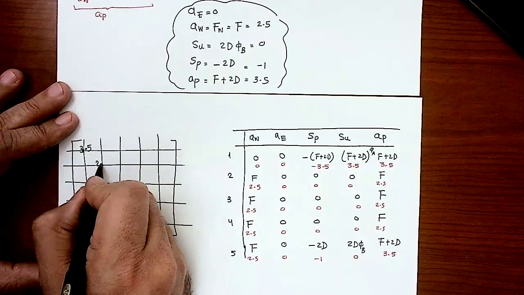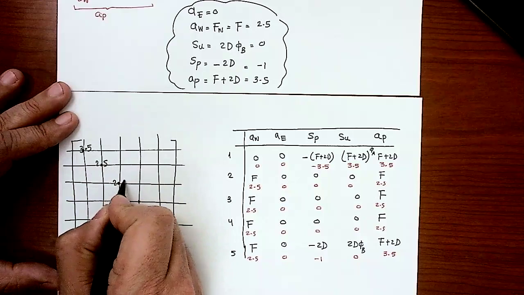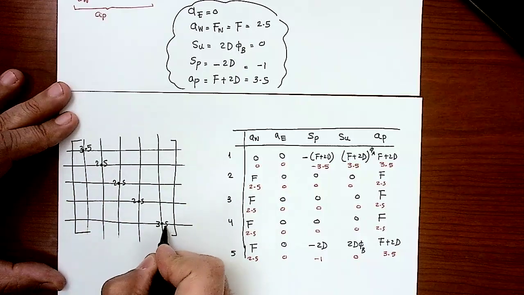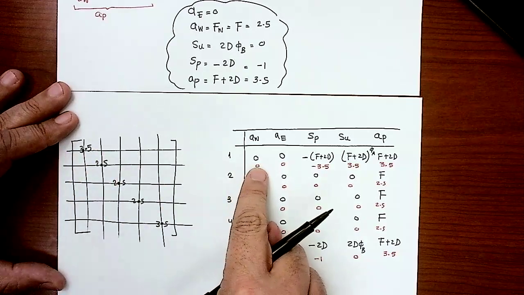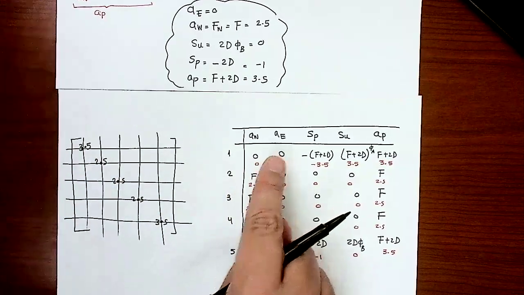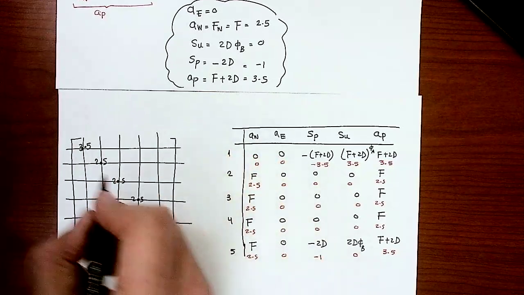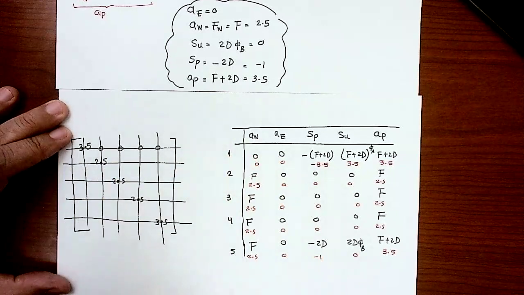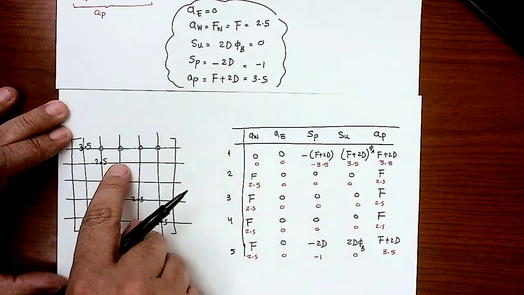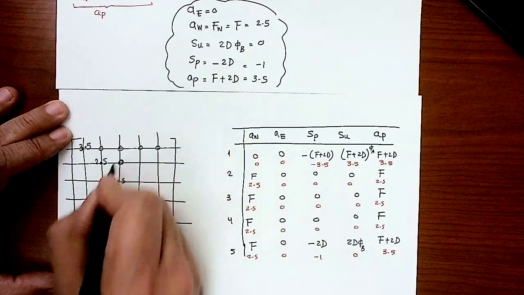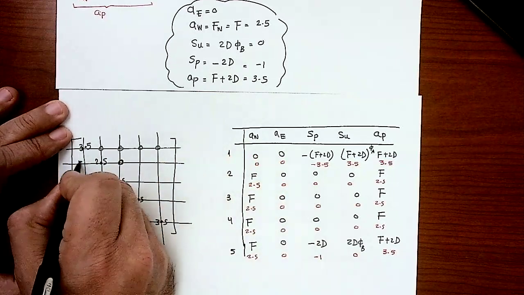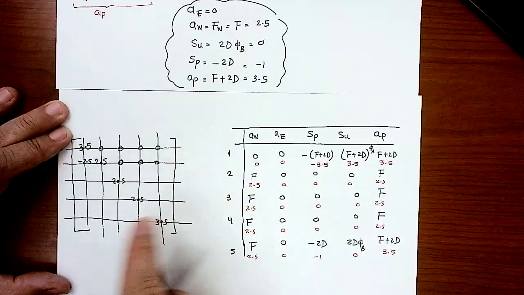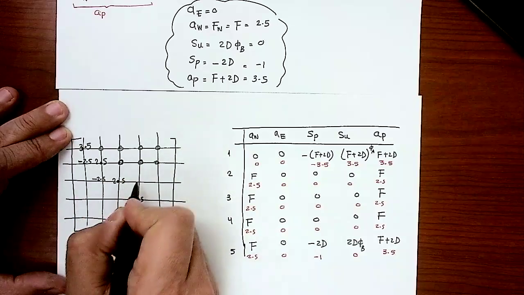I will have 2.5, 2.5, 2.5, and I will have 3.5. Now for node number 1, 0 east, 0 west, right? I have nothing in both directions. So I will have 0 east and nothing in the west. Then I'm going to fill the rest by zeros. Node number 2, the east is 0. The west is 2.5, and we know that we have to add the negative value, minus 2.5. Then the rest are zeros. For the next one, you just repeat the second line.